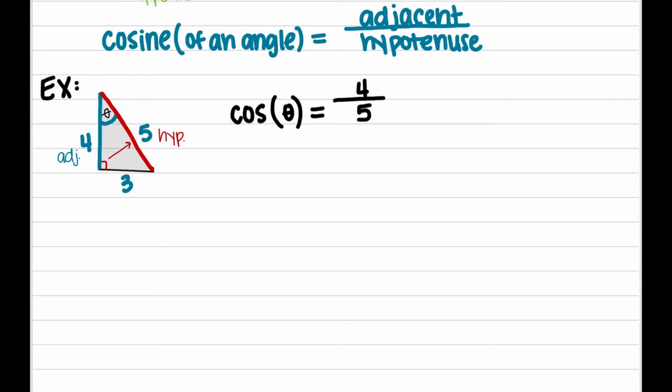There is a shortcut for this one as well, just an abbreviation to help you remember it, which is C for cosine is equal to adjacent over hypotenuse.